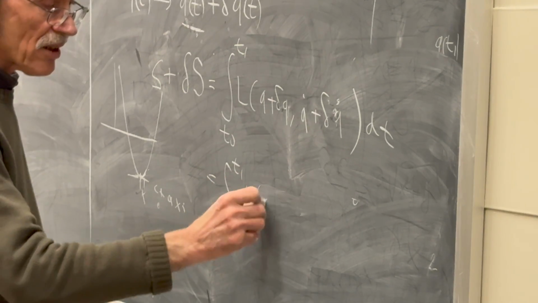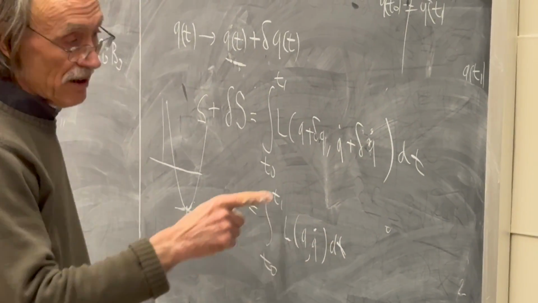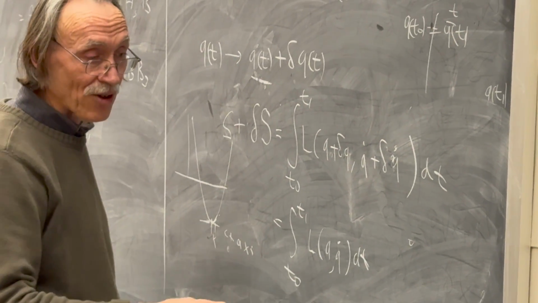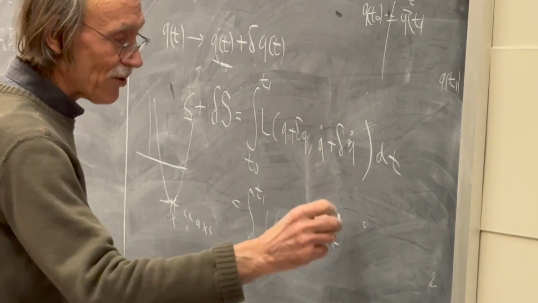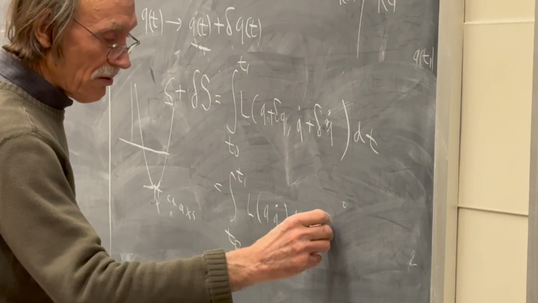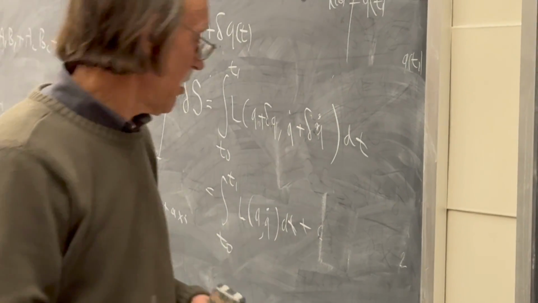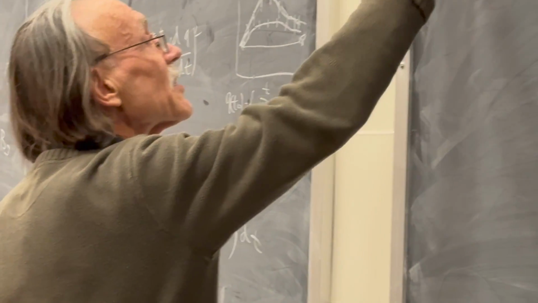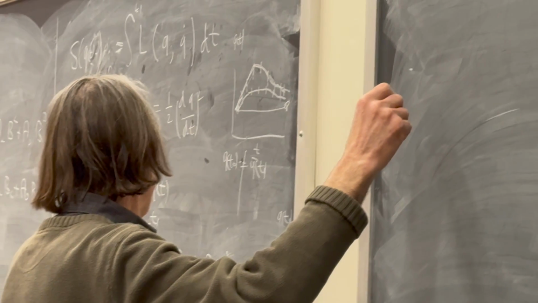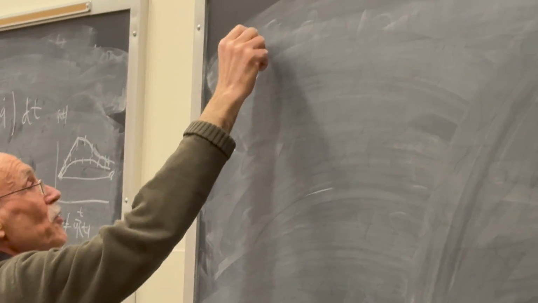That is the integral of L(q, q dot) dt. That is the zeroth order term. And then we have the second order term. I don't have space here. So I have to Taylor expand that.